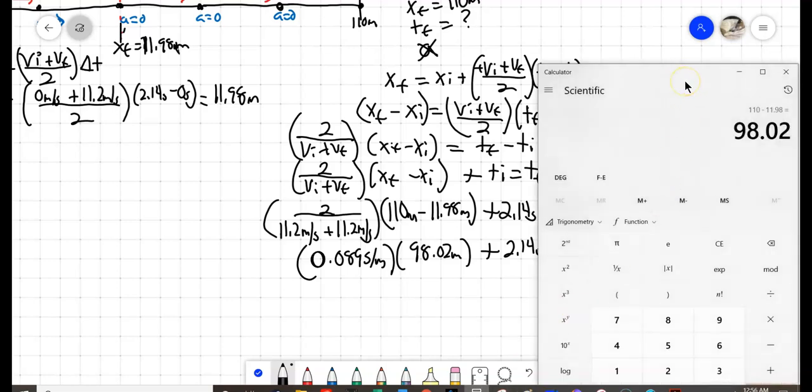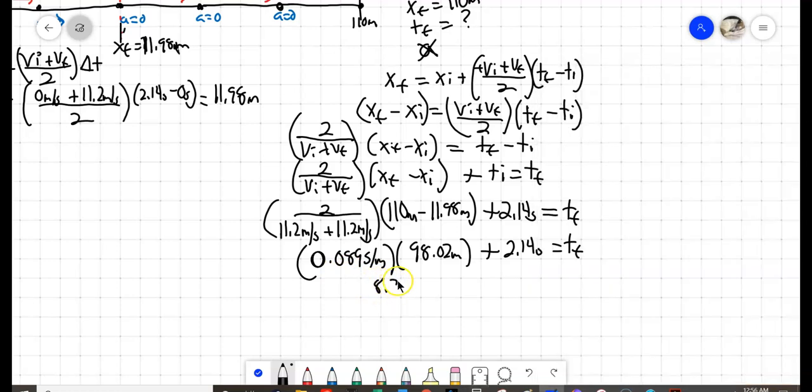So 98.02 times 0.089 seconds over meters is going to be 8.72 seconds. So 8.72 seconds plus 2.14 seconds is going to be our T final.